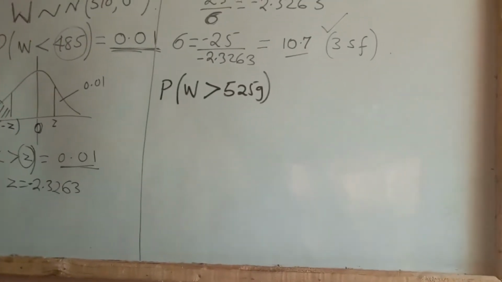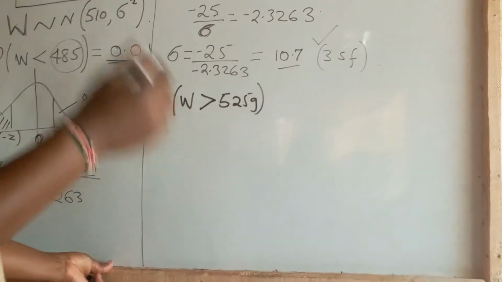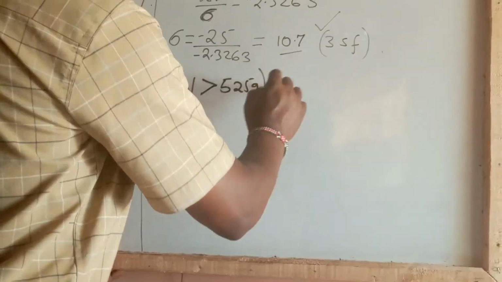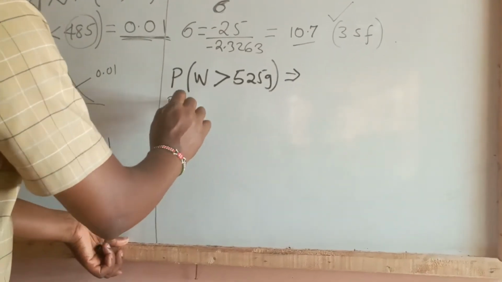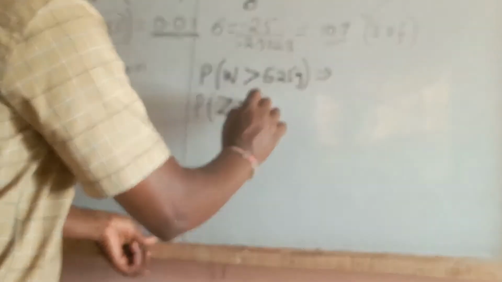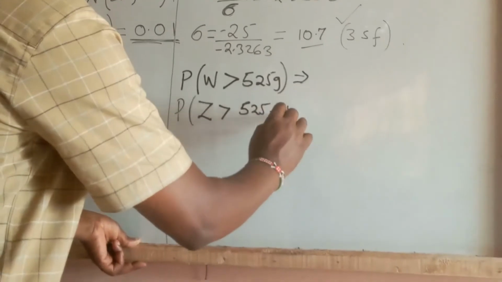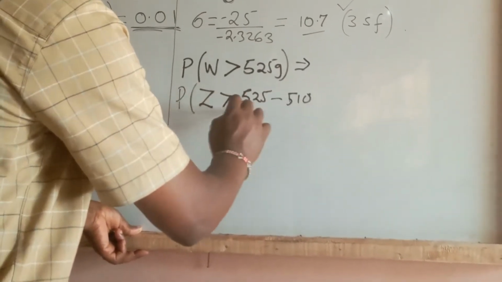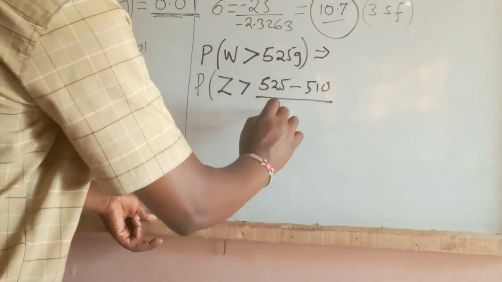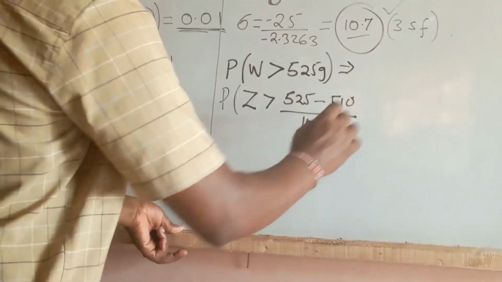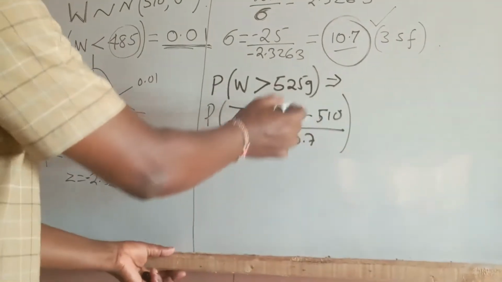And of course, 525 is an unfamiliar boundary, so we need to create a familiar boundary. We're simply talking about the probability of Z greater than 525 minus 510 over the standard deviation, which we have found, 10.7. But what is our small z?